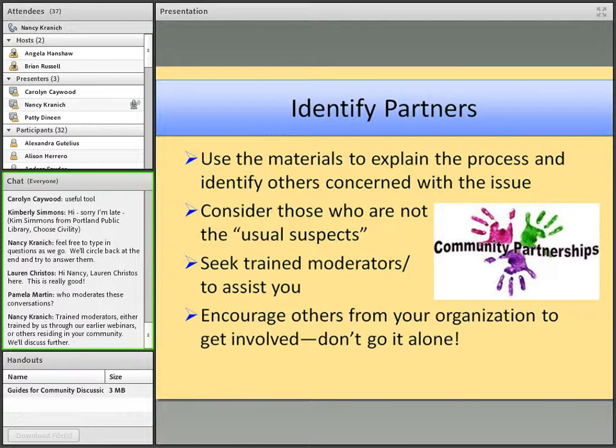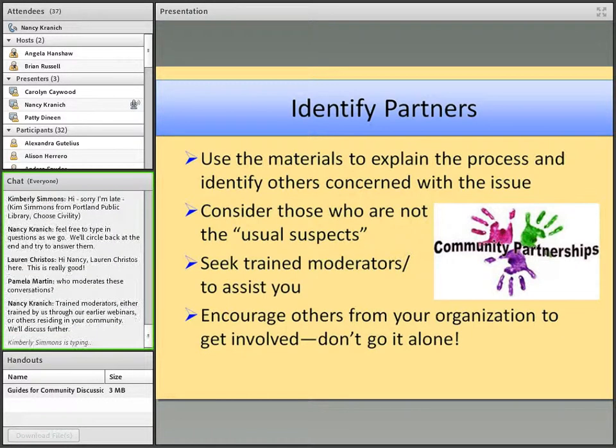So Carolyn mentioned the importance of partners, and I can't stress that enough. If you want to really get participation, find some partners. Now, the NIF materials themselves can help you identify partners for public deliberation. They explain the process so that you can point to the materials while you're making your pitch, and sometimes that's really useful.